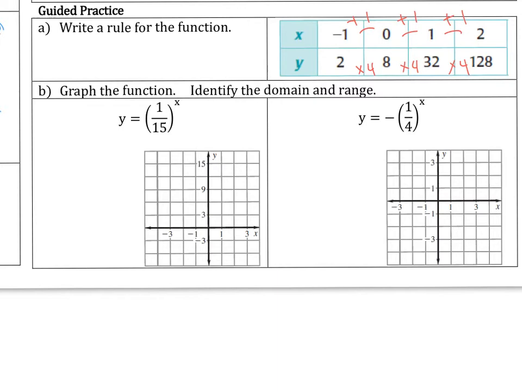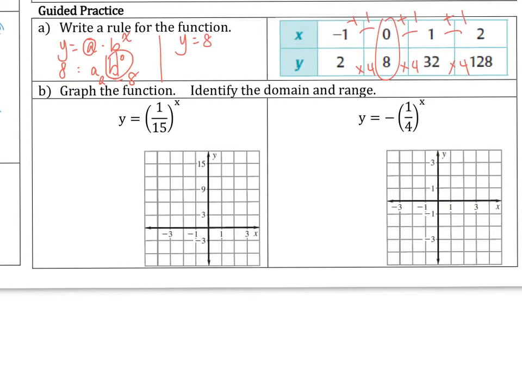Okay, so we have to find out here. Let's see. y equals a times b to the x power. And I'm going to use this point to find out what a is. So I'm going to substitute 8 in for y and 0 for x. So b to the 0 is 1, so a is 8. I'm going to write this function again with a as 8.